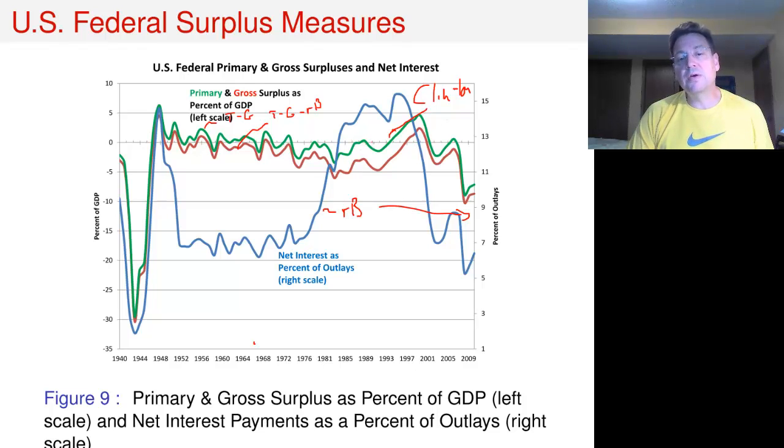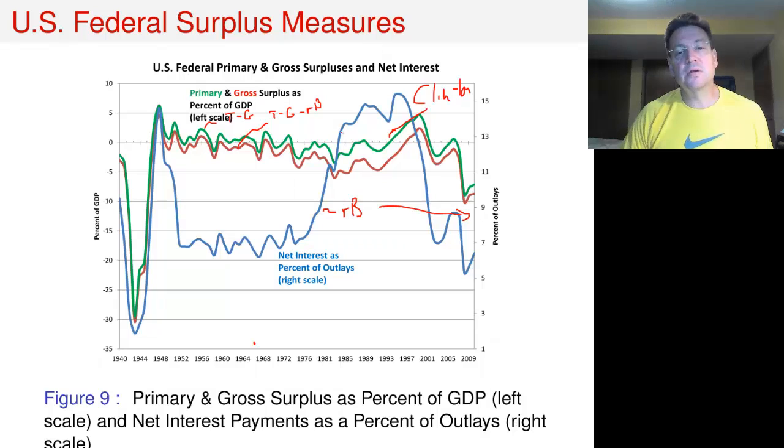But in general, since the mid-70s, we've been running primary deficits. And the gross deficit has been positive for most of the post-war period. So that's the measure of deficit that includes interest payments on the debt.